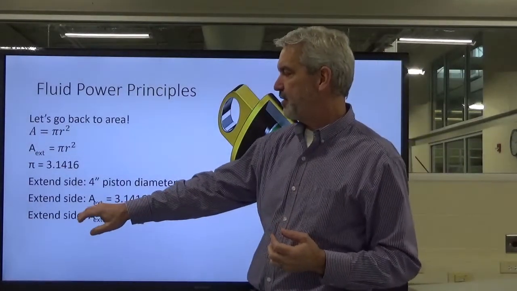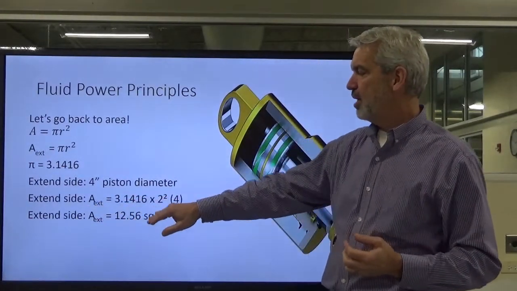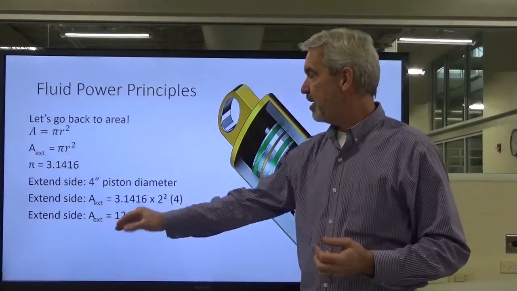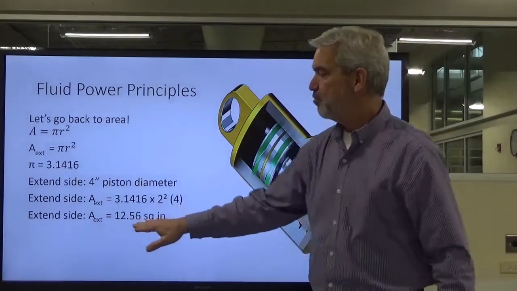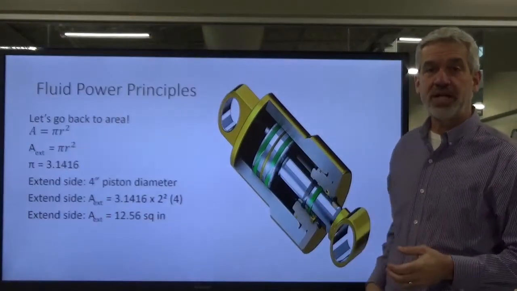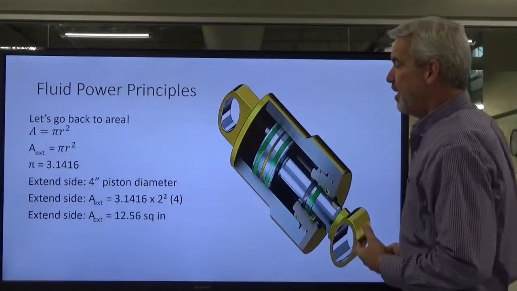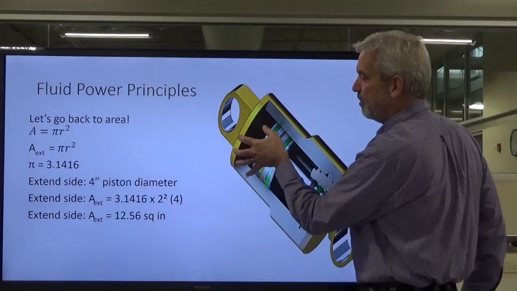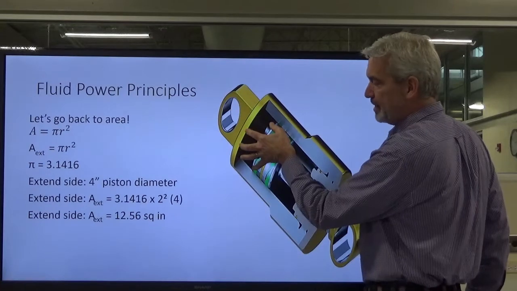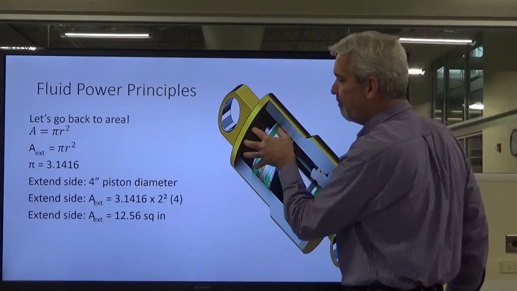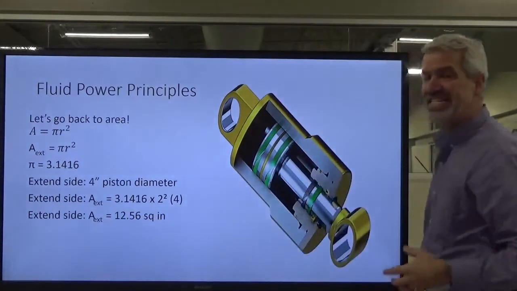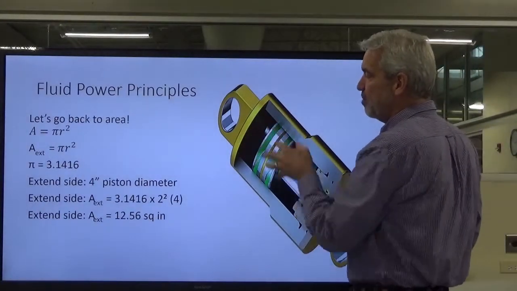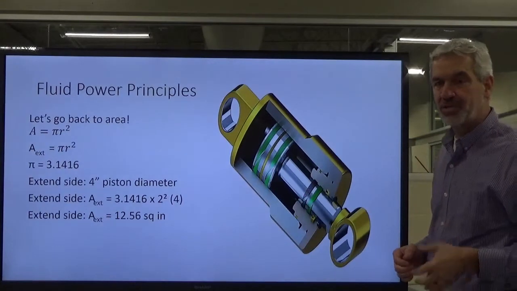And so the area for our extend side is 3.14 times 4, and we wind up with an area on the extend side of 12.56 square inches. Okay, so if I were to apply 100 pounds of fluid pressure per square inch, PSI, to the extend side, I could have a force of 1,256 pounds. We could move something 1,256 pounds theoretically by applying 100 pounds of pressure from our pump.